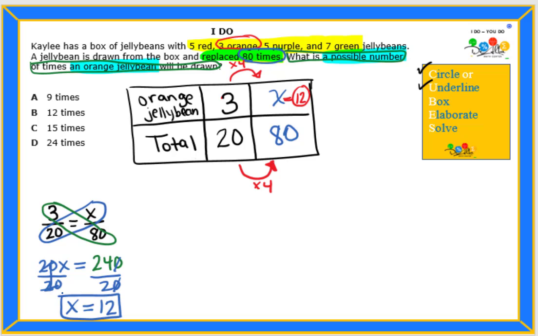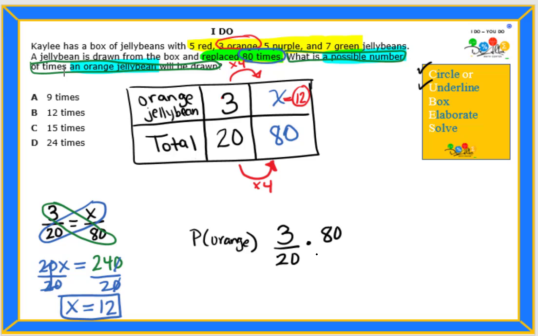Now another way, and if you look at your foldables, this was discussed in your foldables, is we can find the probability of selecting an orange jelly bean like we did here. So we found out that 3 out of 20 is the probability of selecting orange. And so that was the probability of selecting one orange. But since they're going to do this 80 times, we can multiply by 80.